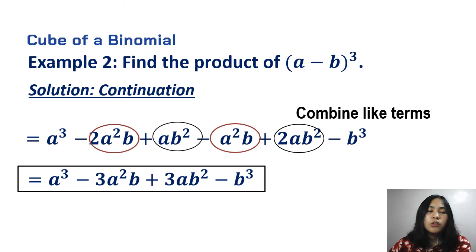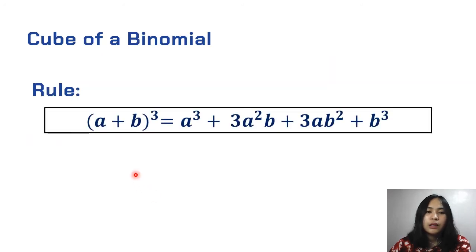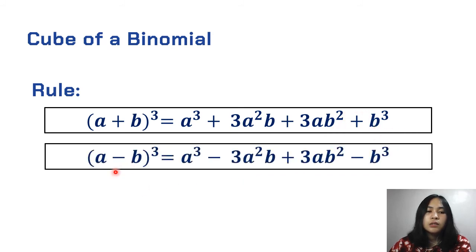So, what is the difference from the given earlier? This is our given from before, right? A plus b cubed. The answer is a cubed plus 3a squared b plus 3ab squared plus b cubed. And our last example is a minus b cubed. So, the answer is a cubed minus 3a squared b plus 3ab squared minus b cubed.